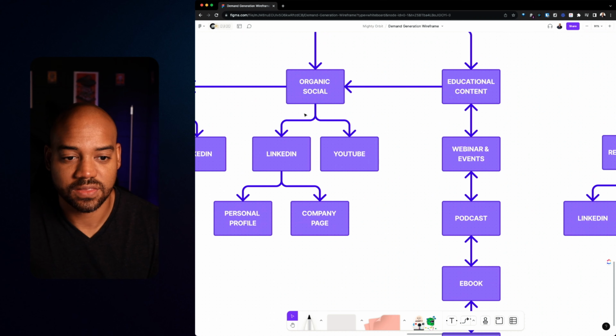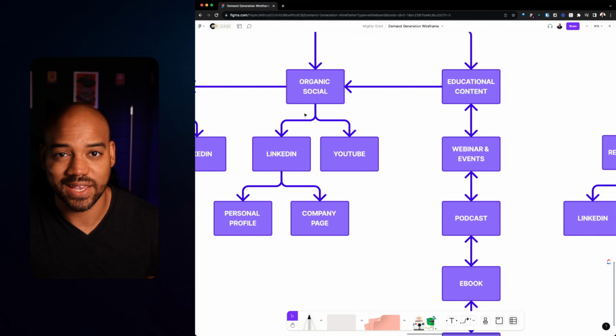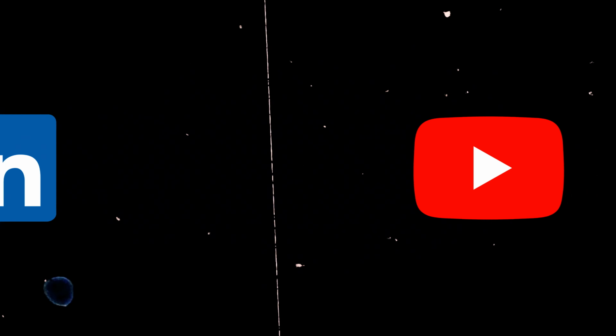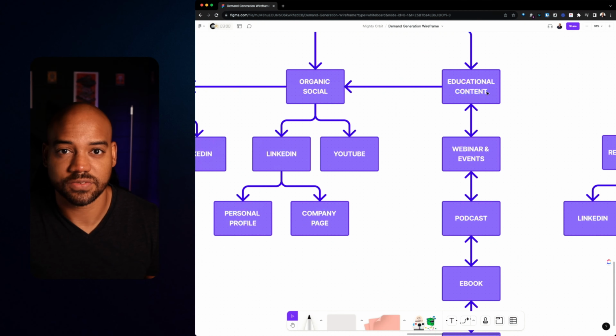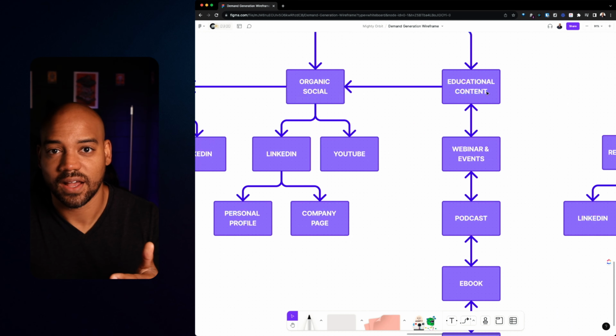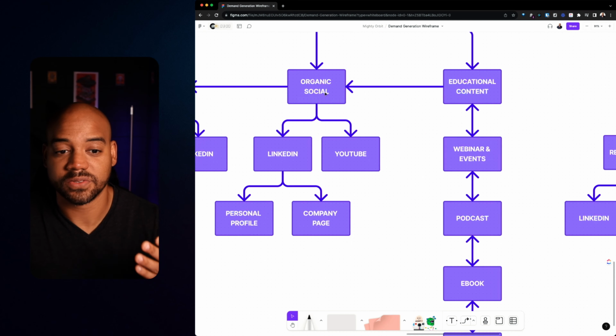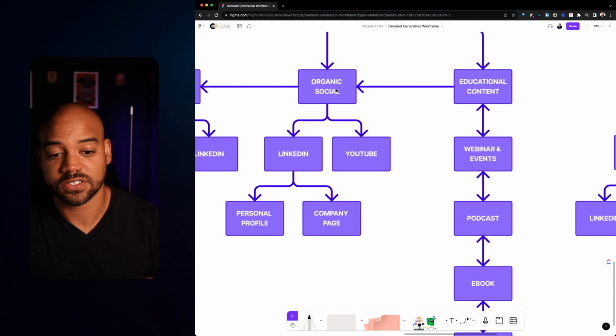The key thing to note here is you want to be engaged and active where your target customers are. For most B2B companies, that's going to be on platforms like LinkedIn and YouTube, and it could even be on Facebook and Instagram. You want to set yourself up where you can leverage your high quality content and distribute that on organic social, so LinkedIn and YouTube in this example.